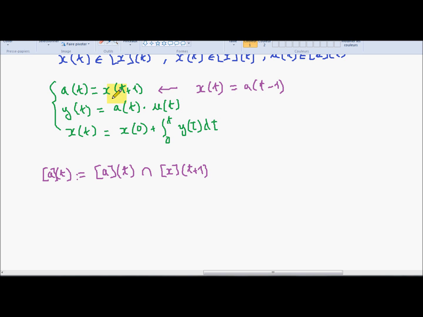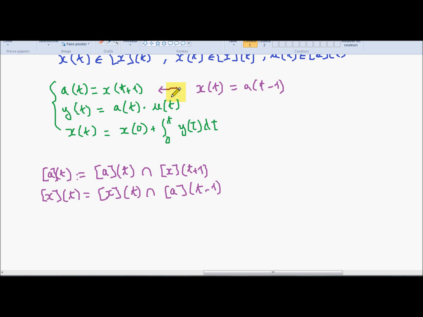So for this equation, x of t will be contracted as follows: x of t intersected by a of t minus 1. So I have the contractor corresponding to this equation.